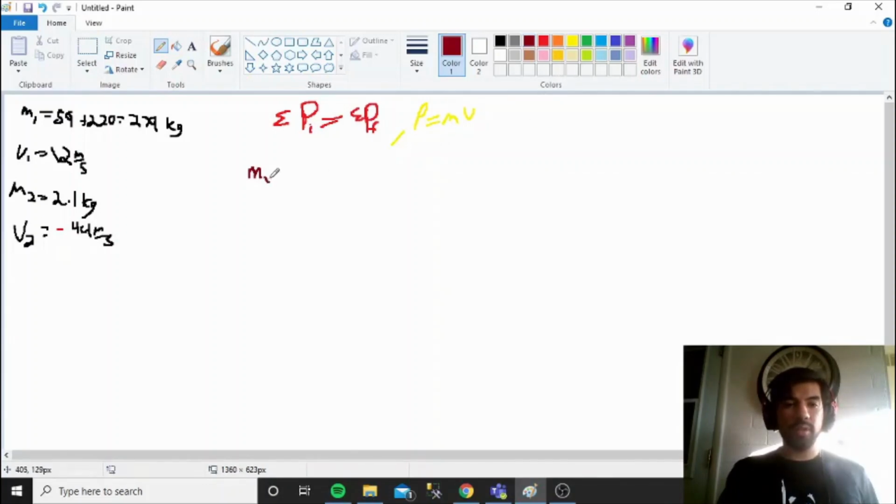So M1 V1, the first momentum, plus the second momentum is equal to all the momenta combined, because they stick together. The bird stays on the motorcycle. So that would be M1 plus M2 times, we'll call this just the final velocity.